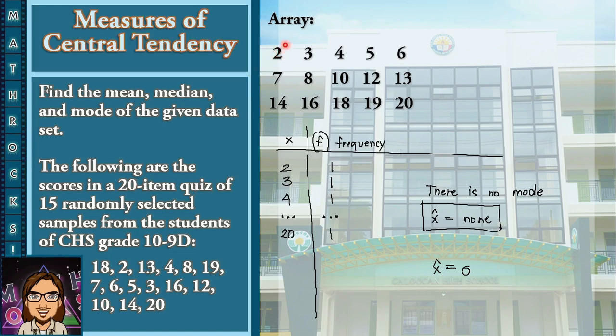Let's say, for example, the 2 is replaced with a score of 0. So writing your answer as x current equals 0, you might have been thinking of this as having no mode, but you have mistakenly written that the mode specifically is the score of 0. Okay? So with the idea of having no mode, you have to instead write the answer of having none specifically.